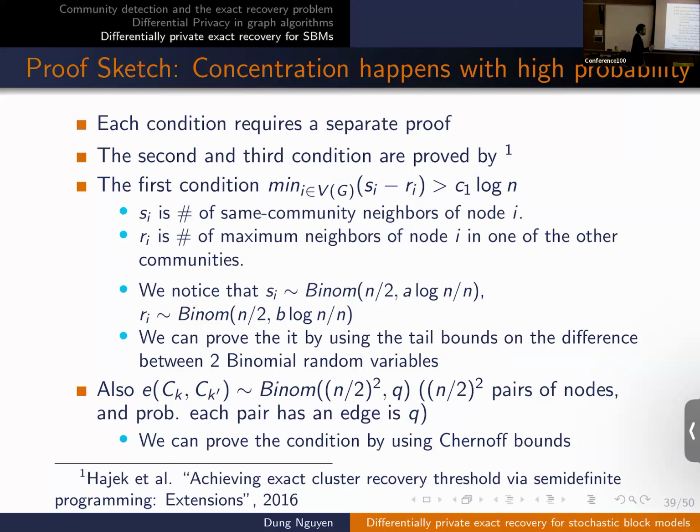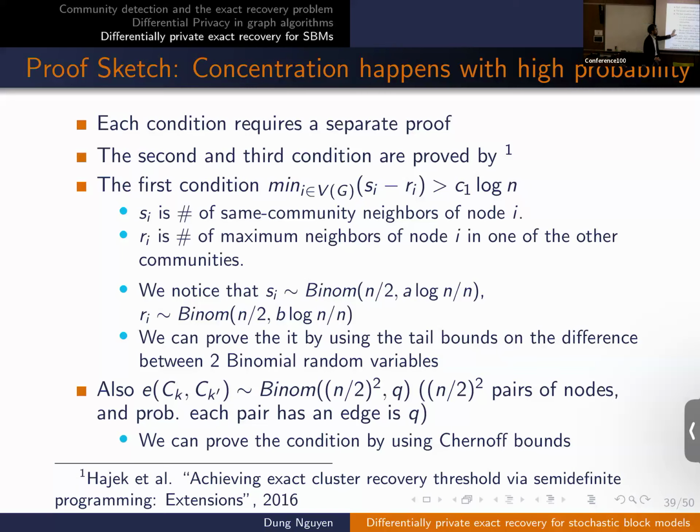So we notice that Si has the form of a binomial distribution with two parameters. We have n over 2 possible connections, right? And each connection has a probability of a log n over n, because Si here is the number of in-community neighbors.